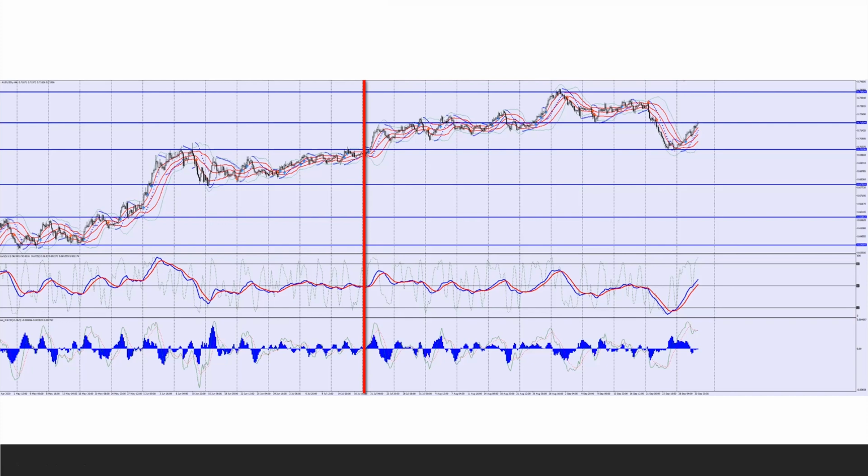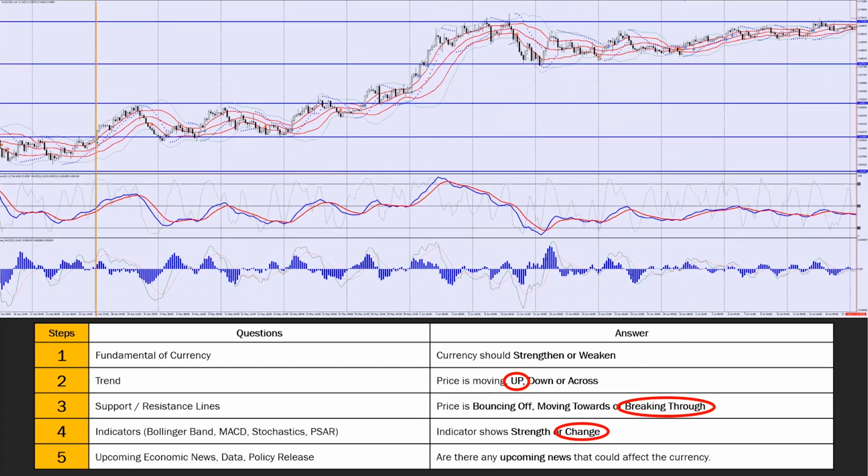I need to take a closer look, and I'll guide you through taking a closer look at the indicators. Because we're looking at a general view right now, we're not going to look at step 5, whether there's any upcoming news. So let's start looking at trades one by one.